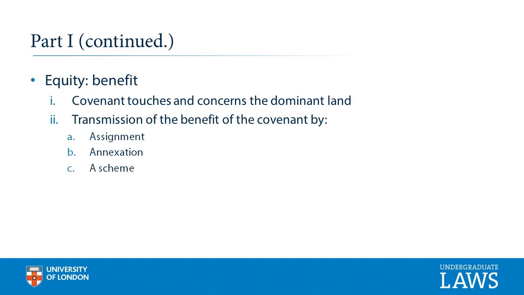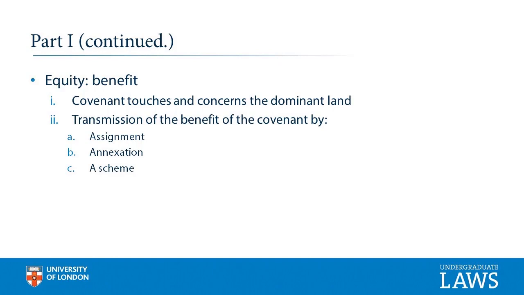The second requirement for a valid assignment is that the benefit of the covenant must be assigned contemporaneously with the transfer of the dominant land. In particular, a covenantee cannot transfer the benefit of a covenant affecting the dominant land after he has transferred the dominant land to a third party. He is effectively deprived of the benefit of the covenant when he divests himself of the interest in the dominant land.